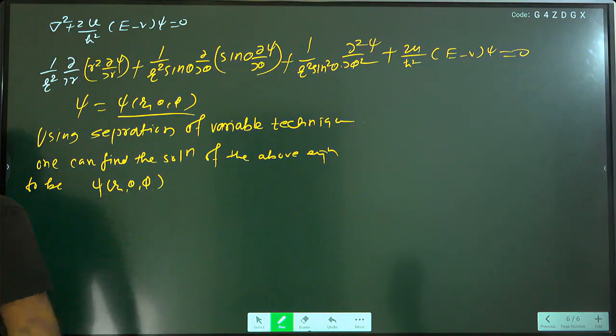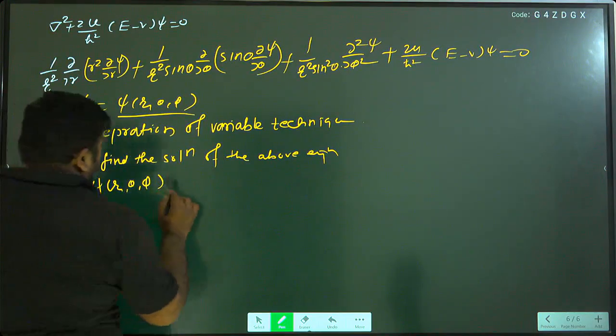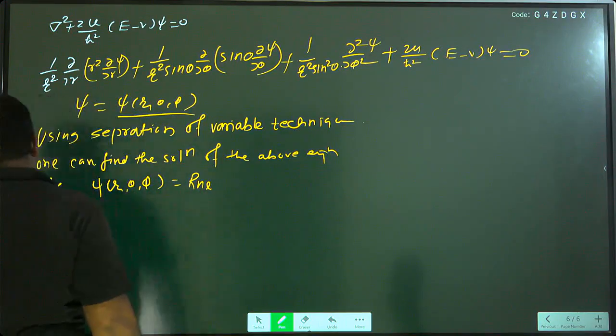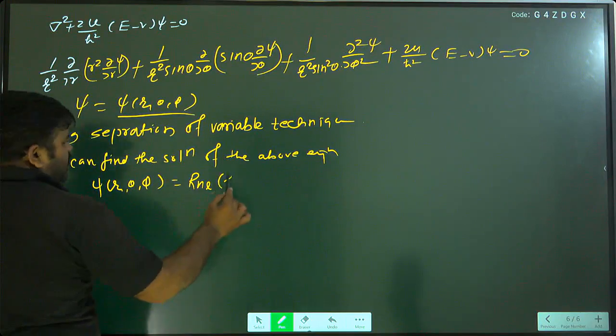Psi of r, theta, phi can be written as R n l. n l समझ में आ रहा है? n is principal quantum number, l is orbital quantum number. ये किसका फंक्शन रहेगा? r का.